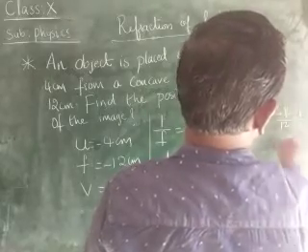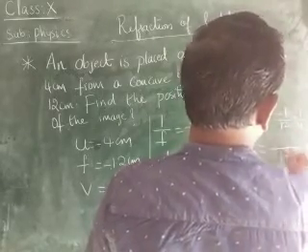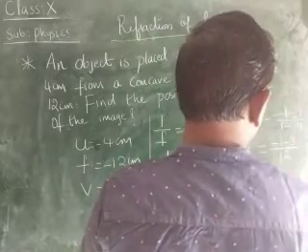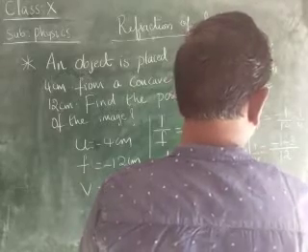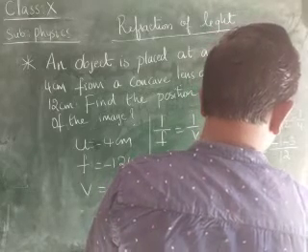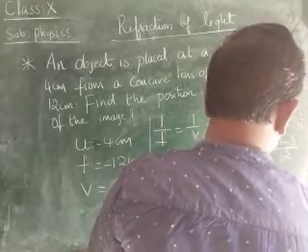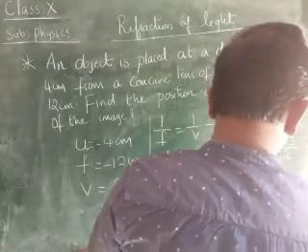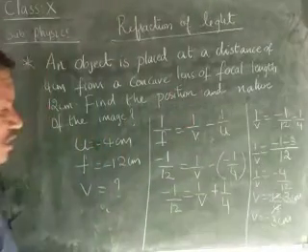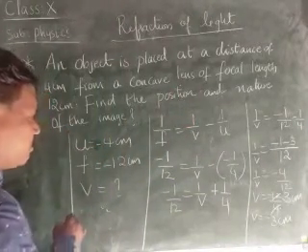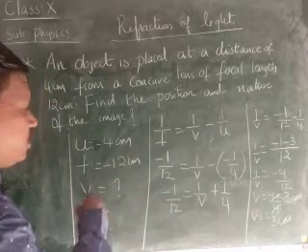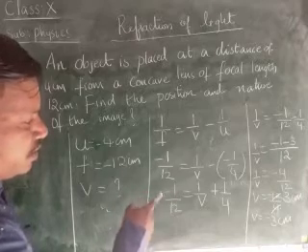LCM is 12: minus 1 minus 3. That is 1 by V is equals to minus 4 by 12. Therefore V is equals to minus 12 by 4, that is equal to minus 3 centimeter. Here object is at 4 centimeter, image is at 3 centimeter. Therefore minus indicates it is a concave lens.